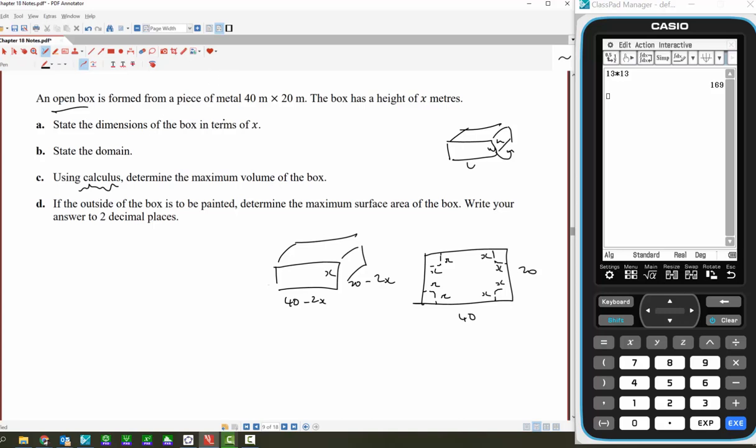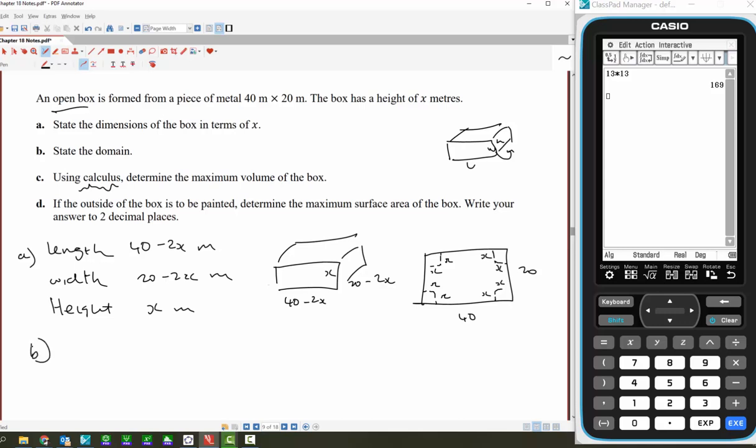All right, so state the dimensions of the box in terms of x. So we've got a length, width, and height. So the length, we're going to say is 40 take 2x. The width, and that's meters, is going to be 20 take 2x meters, and the height is going to be x meters.